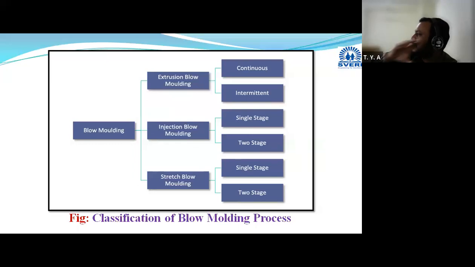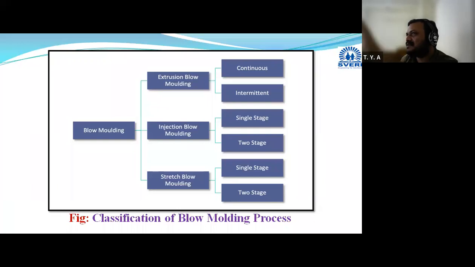Now, when all these operations are performed on a single machine, whichever steps are involved in the blow molding process, then it will be termed as single stage. It will be considered as a single stage blow molding machine process.